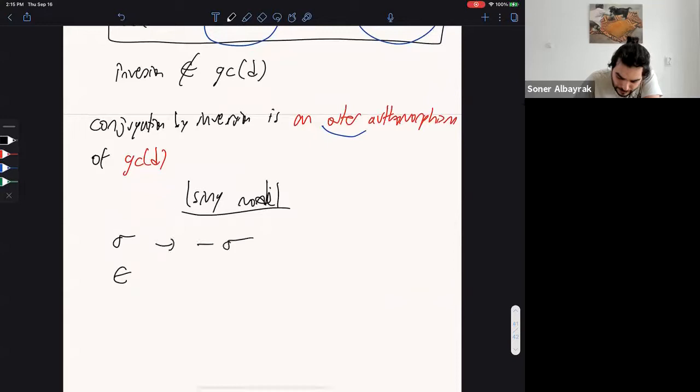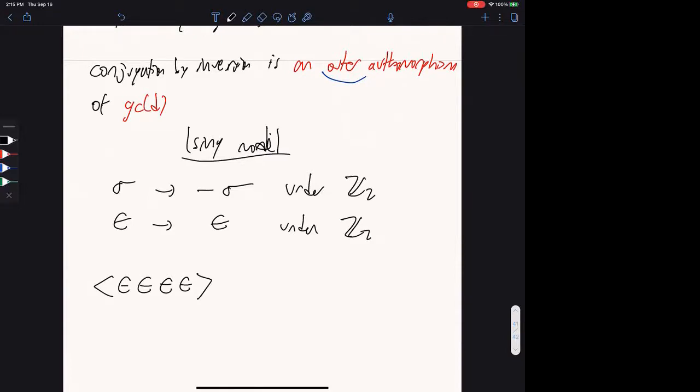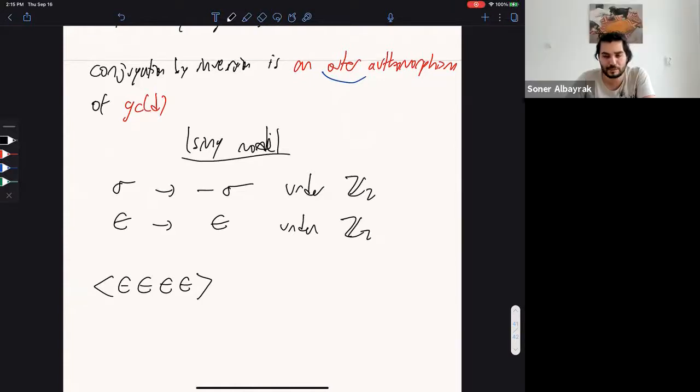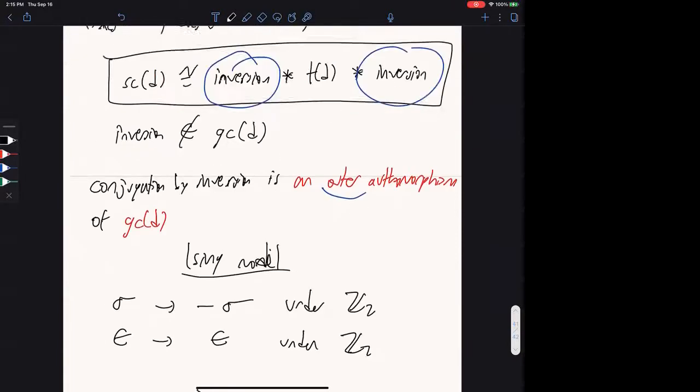Sigma is odd under Z2, and epsilon is even under Z2. Now, if you consider correlation functions of only epsilons, you can consider inversions because they're invariant under inversion. So your symmetry algebra is enlarged from just conformal symmetry to parity invariant conformal symmetry. Okay, thank you. Sure, no problem.